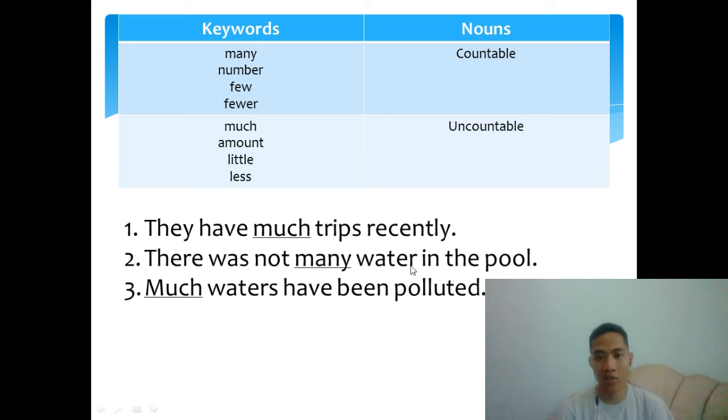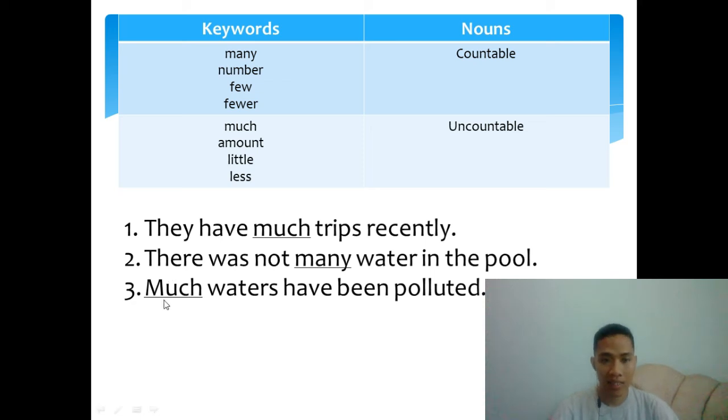It means that water here is uncountable because there is no s. We don't say many water. We don't use many for uncountable nouns, but we use much. So, much water.